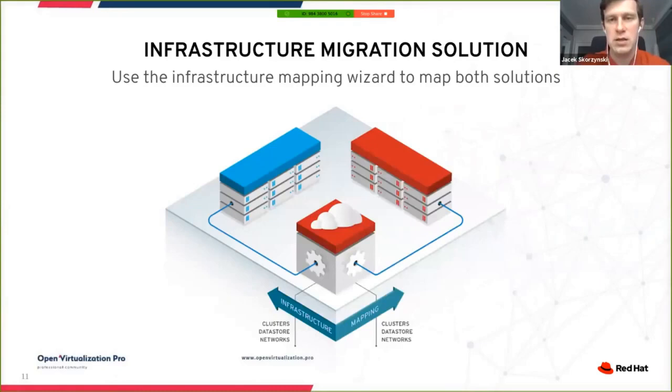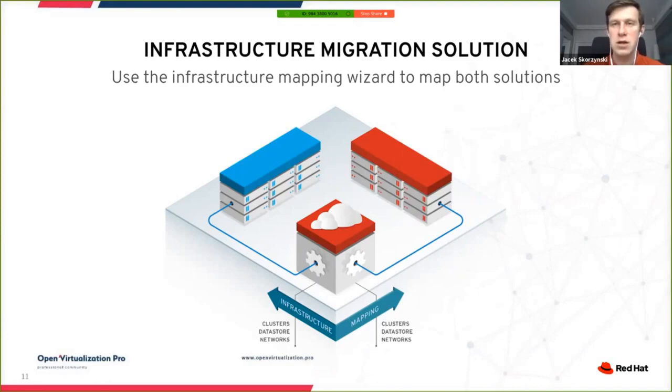So when we have this, and our two providers are already prepared, and we've got CloudForms configured with all the conversion hosts exposed and set up previously on the RHV side, we are able to do the rest, which is basically creating an infrastructure mapping. What we need from the mapping perspective is just to say, okay, from this cluster on the VMware side, I would like to migrate machines to my cluster X on the RHV side.